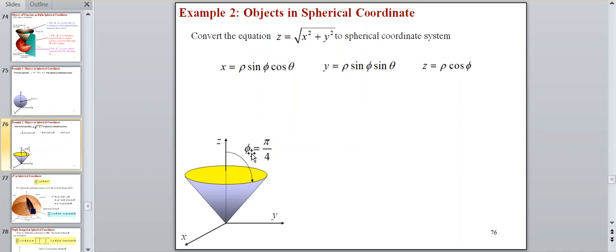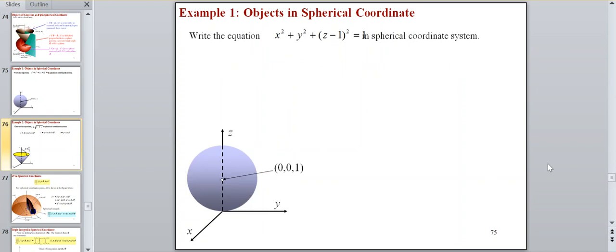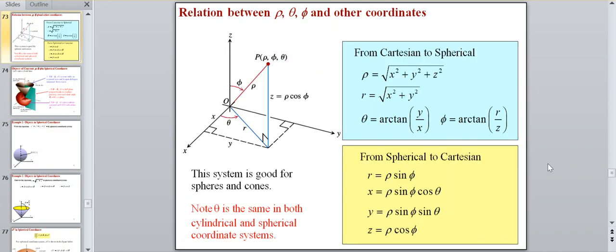Here you can see the answer: phi equals pi over 4. But how do we find this answer? Of course, to convert the Cartesian equation to a spherical equation, we have to use these equations. So let's do it.